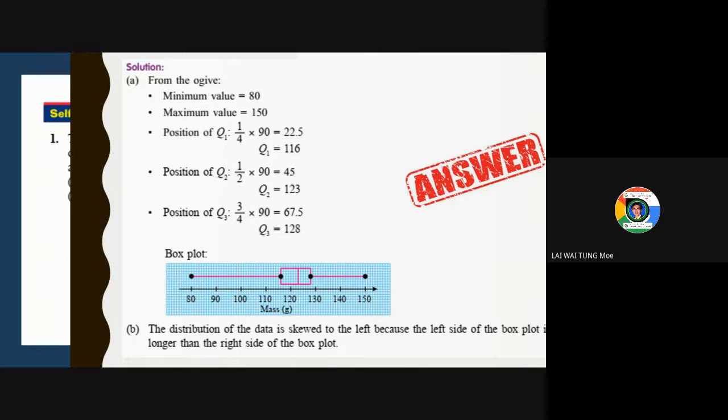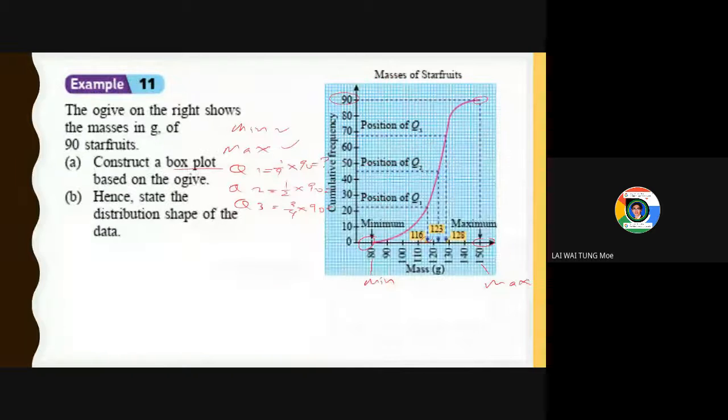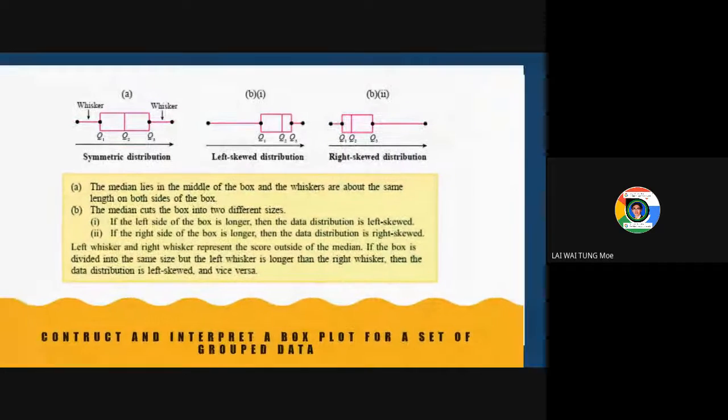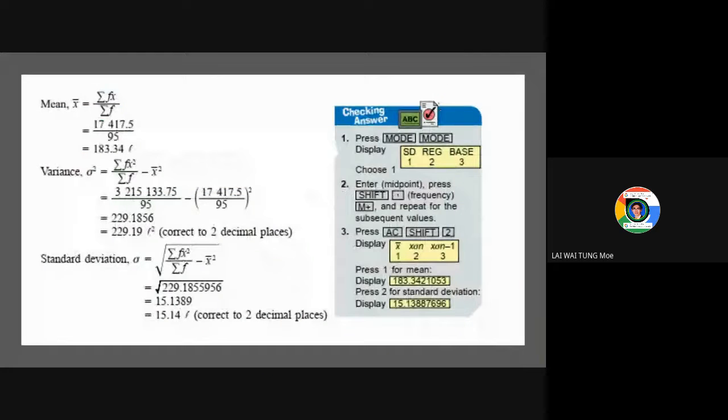So I think I already covered everything I want to cover today. That is how to find the measures of dispersion, which are the range, interquartile range, followed by variance and standard deviation, and also how to use the calculator to check your answer.